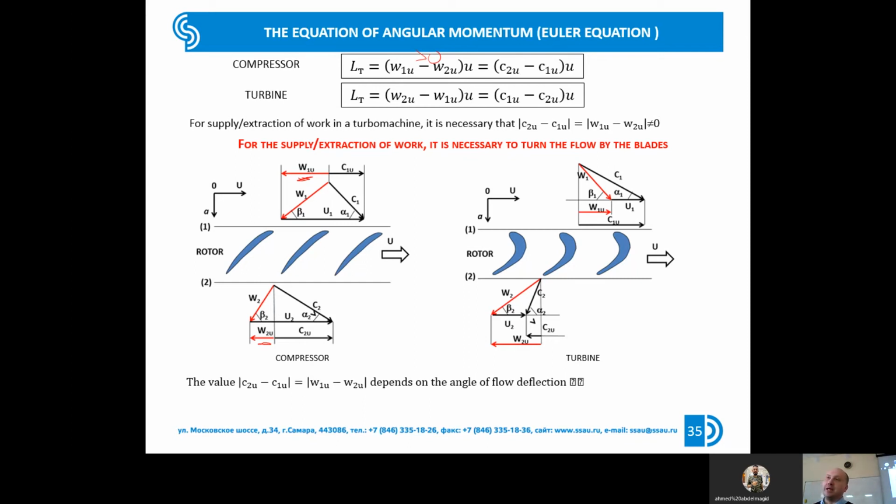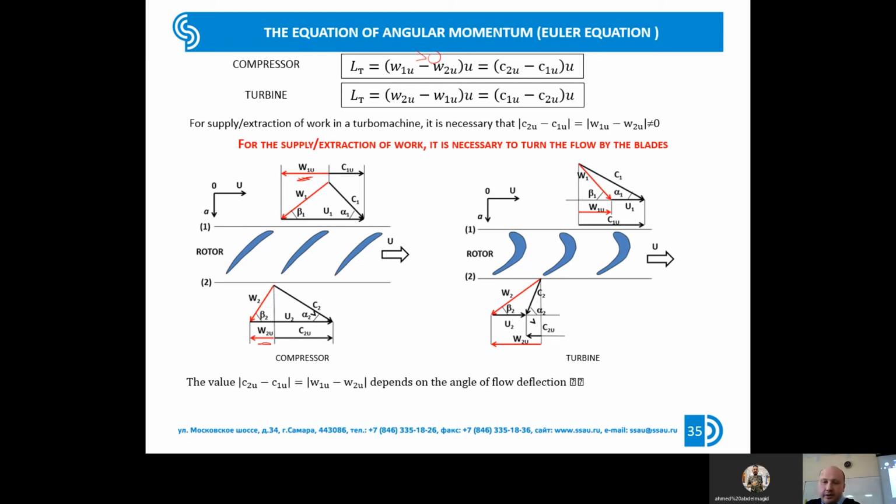Why do we need to use blades? Blades turn the flow. The main idea of the blades turning the flow is that the turning of the flow is the main instrument of the energy exchange between the flow and the blades.